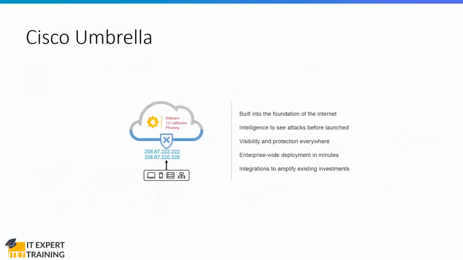Now coming to the Cisco Umbrella. Here you can see the DNS IPs. These are the 2 DNS IPs which use Anycast to connect with all the servers in the cloud. Cisco Umbrella provides the first line of defense against threats on the internet wherever the user goes.